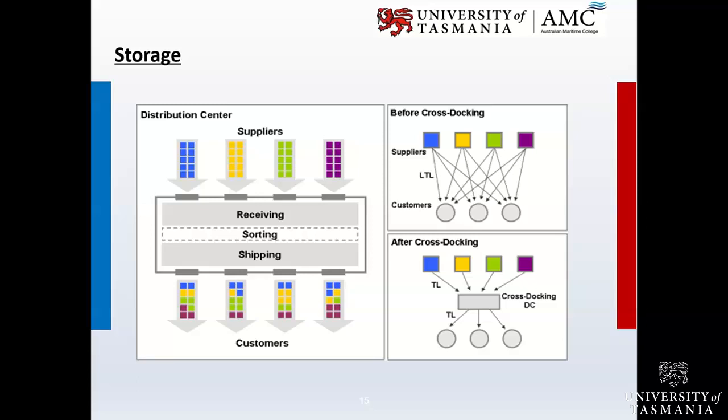Shipments are from suppliers to the distribution center, and then they will be sorted in the distribution center and shipped to customers. We look at the right side. So before cross-docking, 4 suppliers, 3 customers.